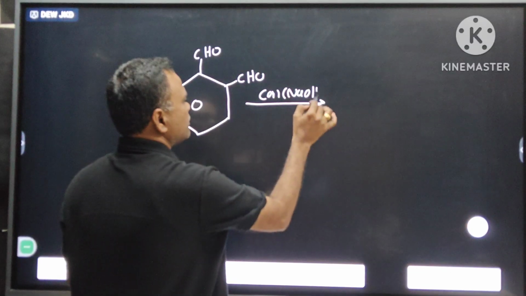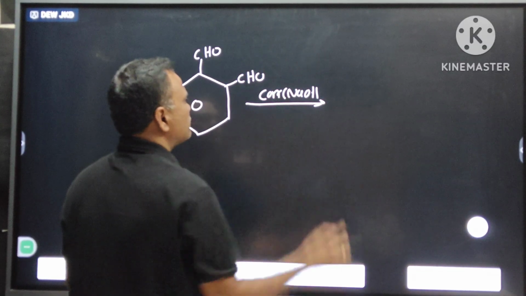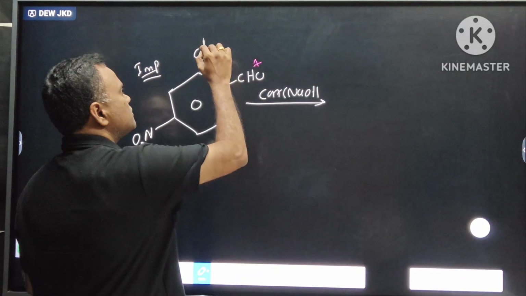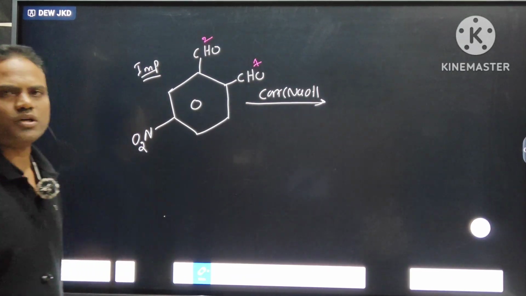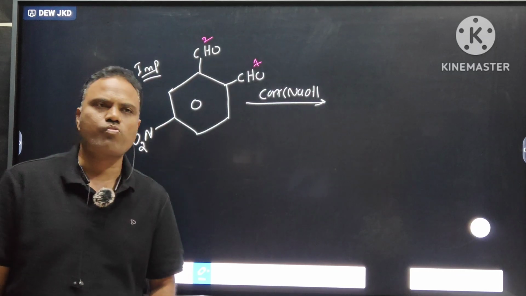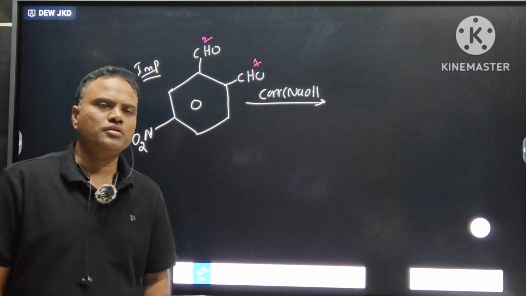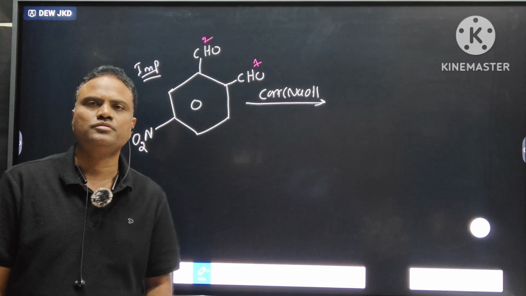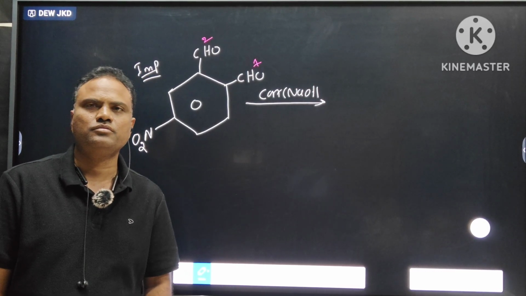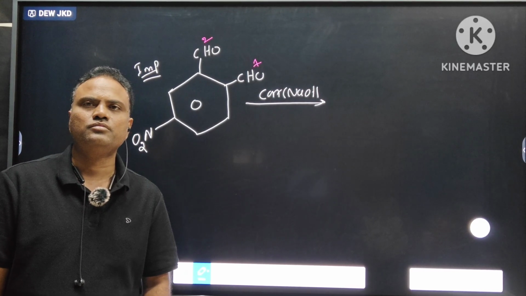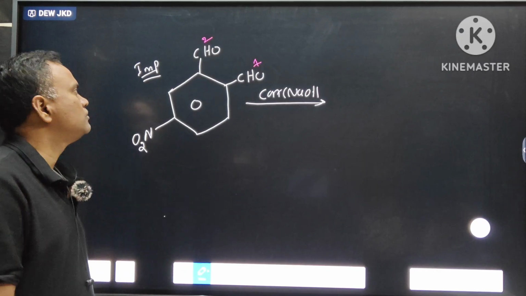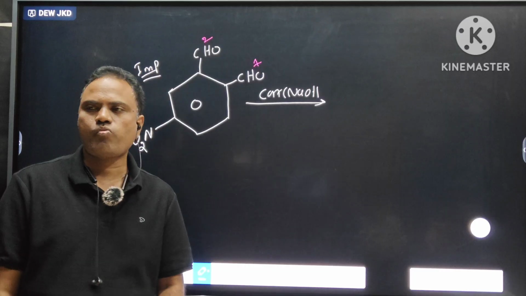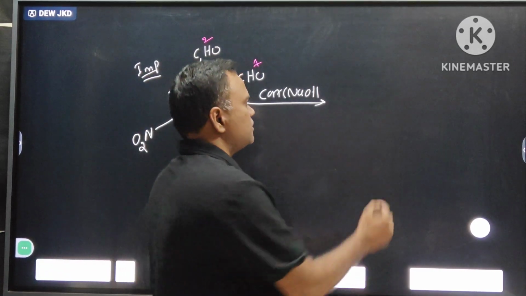First aldehyde and second aldehyde, which will convert to acid? First group, second group. First aldehyde group, second aldehyde group. Guess. Second aldehyde. Why second aldehyde? You know one concept.